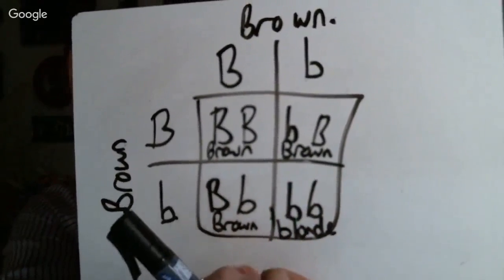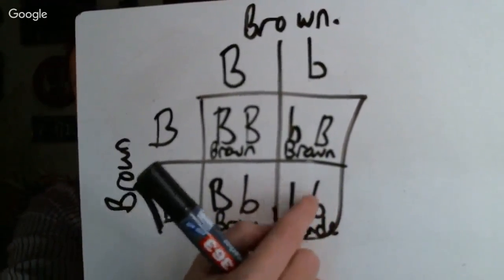This one is going to be the only one with blonde hair because they're both recessive. And then the last thing you need to do is write down the percentage. So in this case, there are 75% that will be brown haired. You could also write that as 3 out of 4. So it's up to you which way you write it, but you do need to put that percentage in at the end.